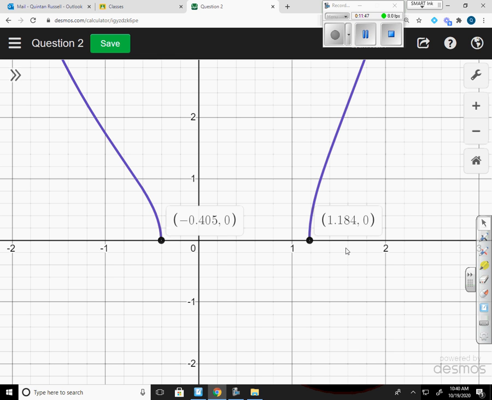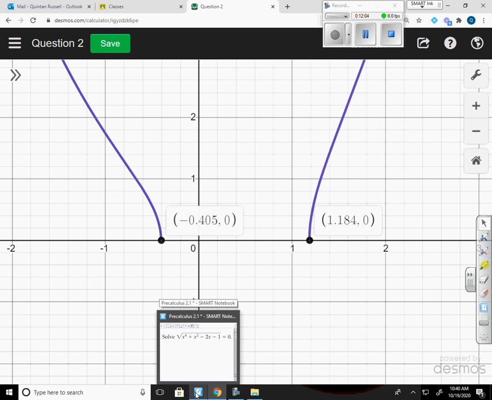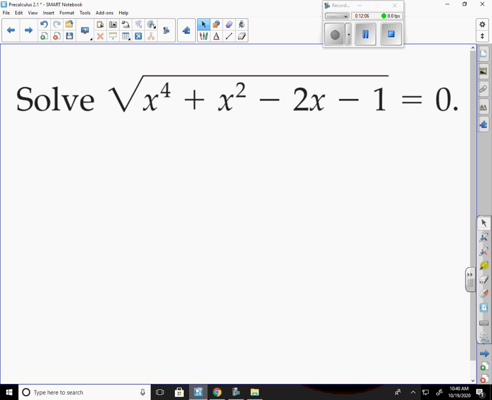So you should always check for more than one 0. So I have one at negative 0.405 and one at 1.184. And those are my two zeros, or roots, or whatever you want to call them.